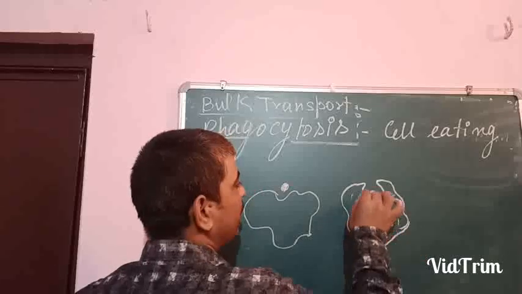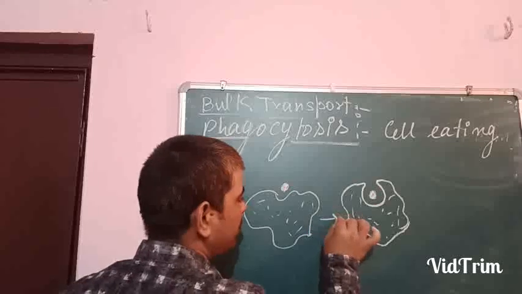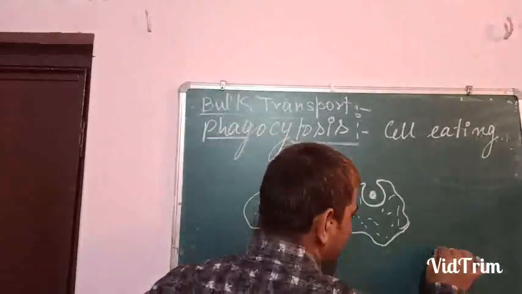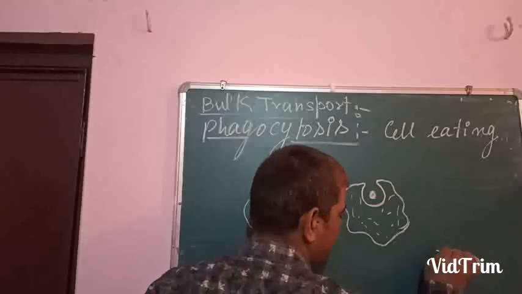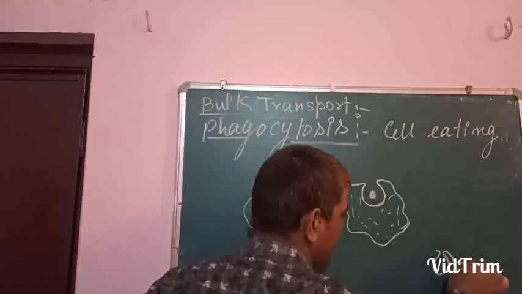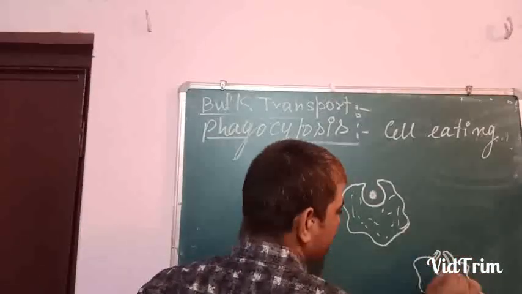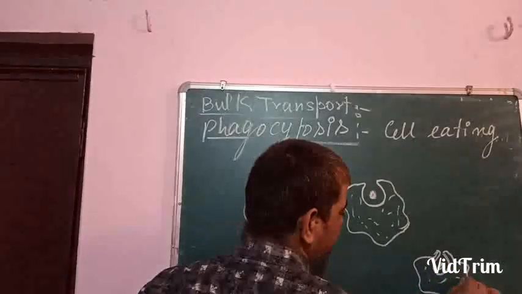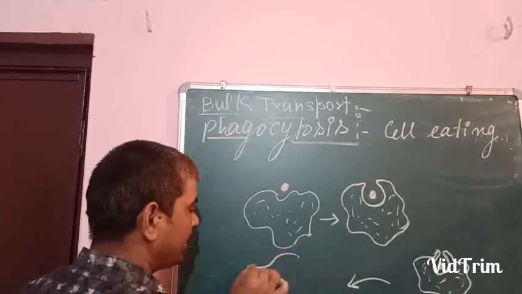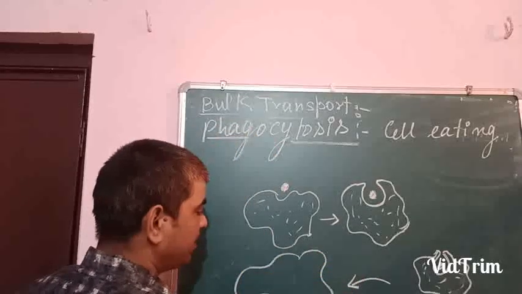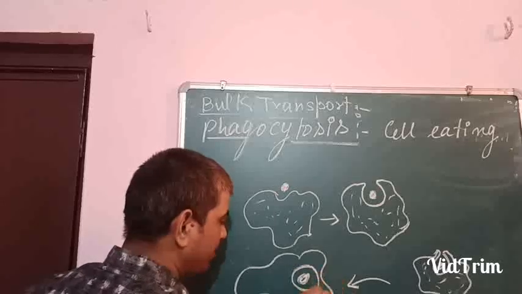Okay, I hope you are able to understand. You've seen this figure many times. Again in the next step it will be in this form. Slowly the pseudopodia will be able to trap the food particle, and in the next step amoeba will be in this way, any shape, and this particle enters inside the vacuole.